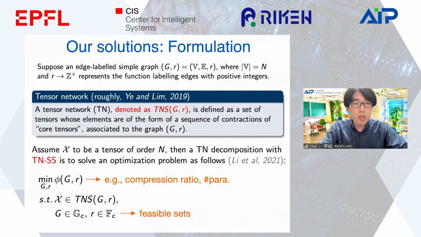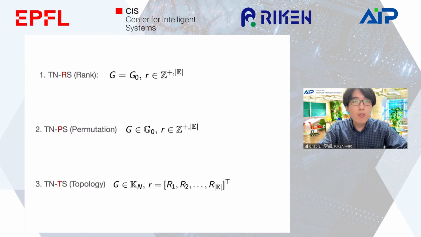And in the constraints, the graph set G_C and the rank function set F_C determine the feasible set of the tensor network structures in the search.